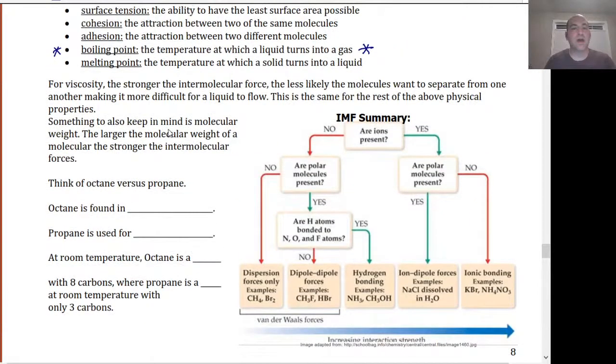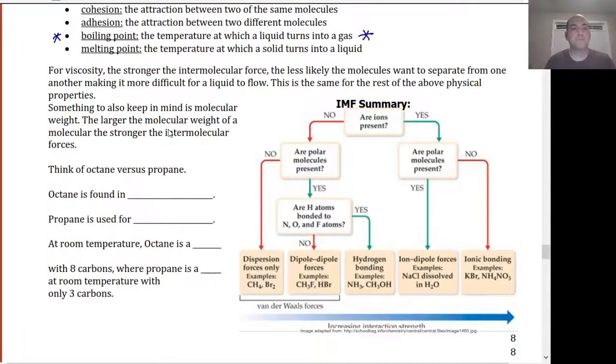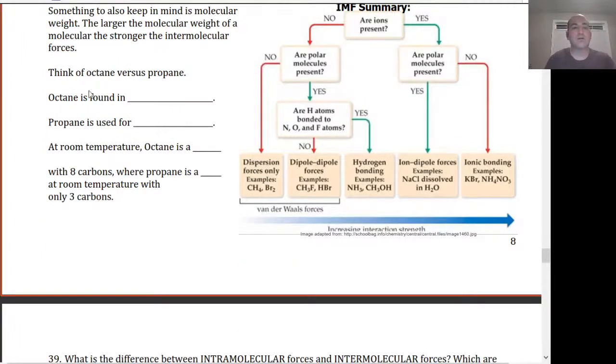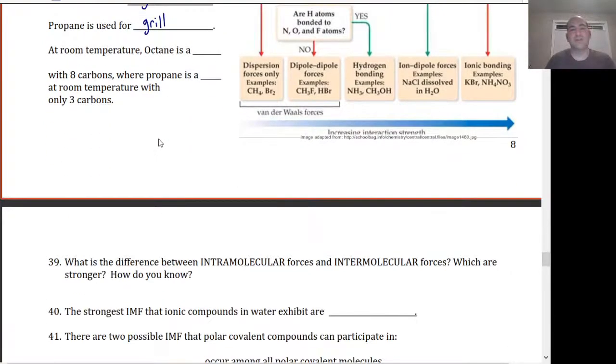So let's look at an example. Octane is found in gasoline, and propane is used for lots of things, but let's say a grill, the tank.